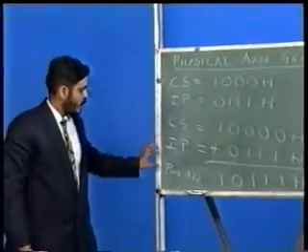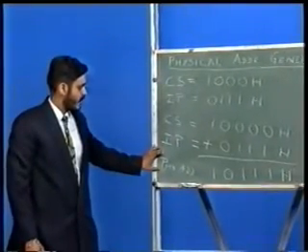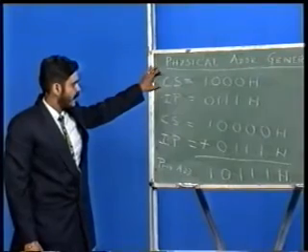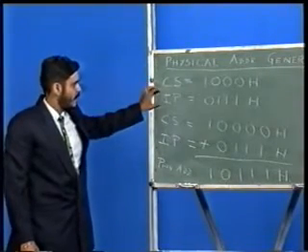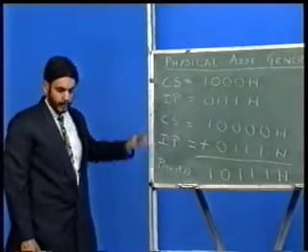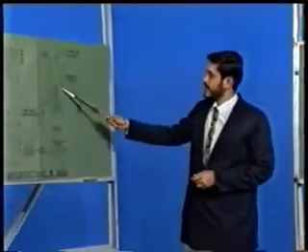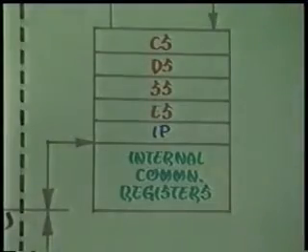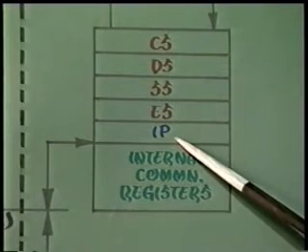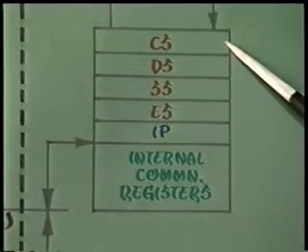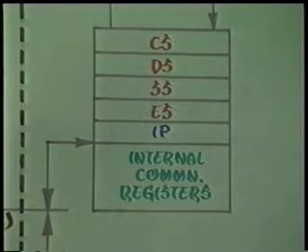In this way, we generate the 20-bit physical address from the 16-bit segment address and the 16-bit offset. Thus, CS gives us the start of the current code segment with IP giving the offset or the distance from this starting address to the next instruction byte to be fetched.